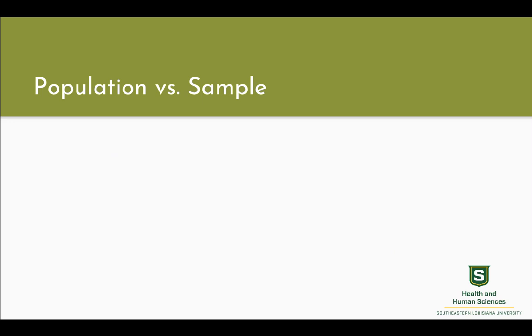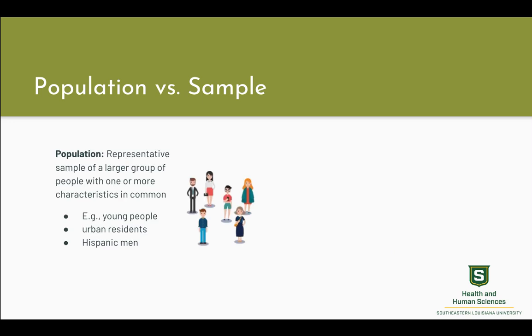So how do we differentiate between population and sample? With a population, we're looking at a large group of people with one or two characteristics in common. Let's say you are interested in young people in the US.